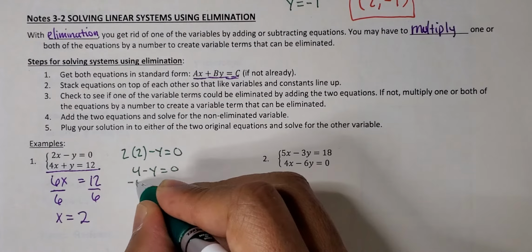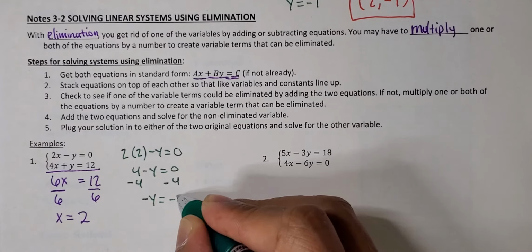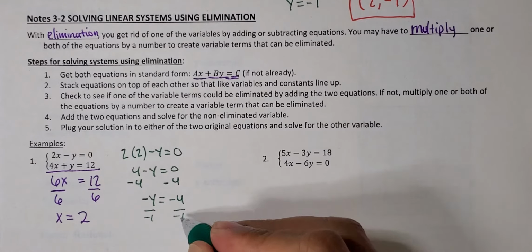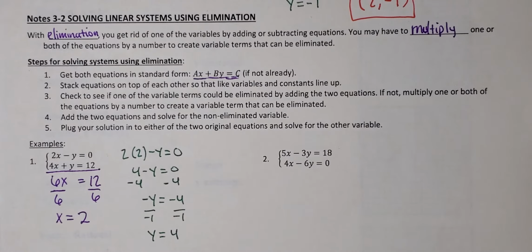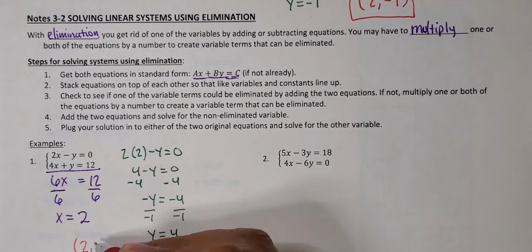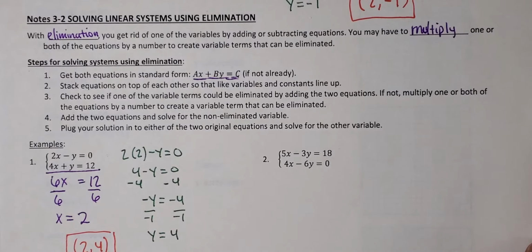Then we subtract 4 from both sides of the equation, so we have negative y equals -4. Then we divide by -1, so we find that y equals 4. The solution to this system by using elimination is x equals 2 and y equals 4. This point is the solution to the system of equations.